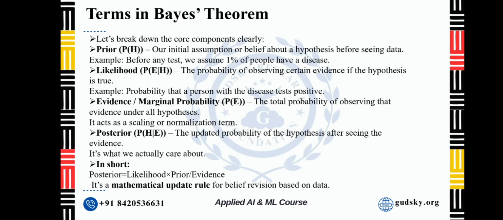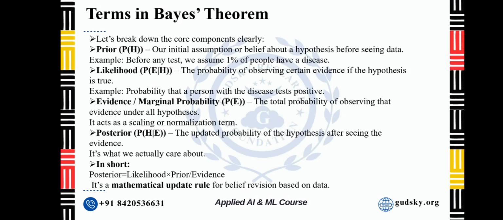Let's say the test is 90% accurate, so P(E|H) equals 0.9. The evidence, P(E), represents the total probability of getting a positive test result, whether the person has the disease or not. And the posterior, P(H|E), is what we actually want: the probability that the person actually has the disease after testing positive.